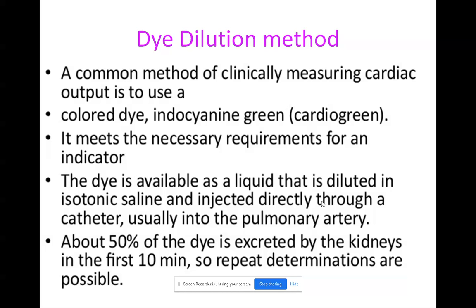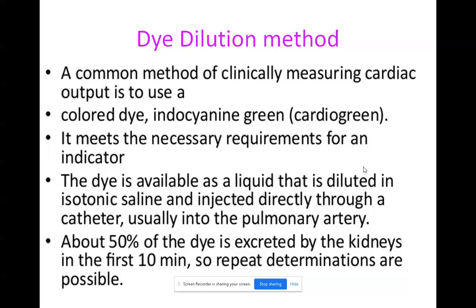That means the indocyanine green dye will be in liquid form, mixed with isotonic saline water, and then injected into the pulmonary artery of the heart through the catheter.